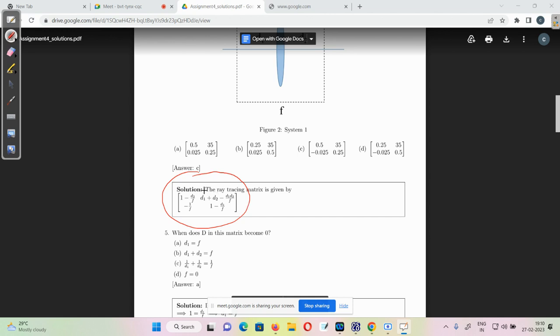That is given as your ray tracing matrix for that particular system, a lens separated by two distances d1 and d2.